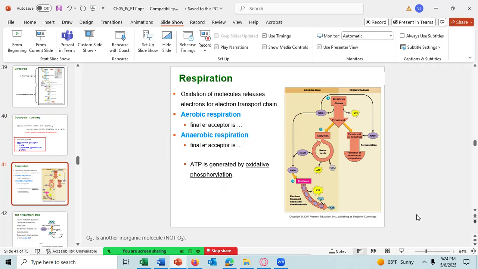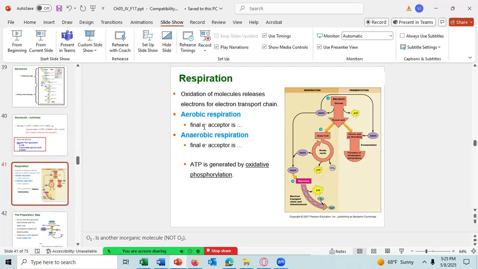In respiration, you should know that there are two forms of respiration. Respiration is the oxidation of molecules such as glucose, releasing electrons, mainly for the electron transport chain. There are two forms of respiration, aerobic respiration, which aerobes use, and anaerobic respiration, which anaerobic organisms use.